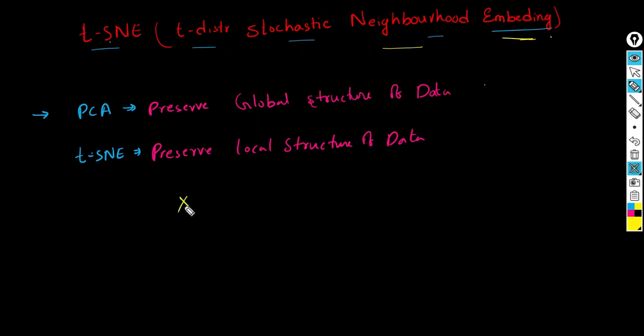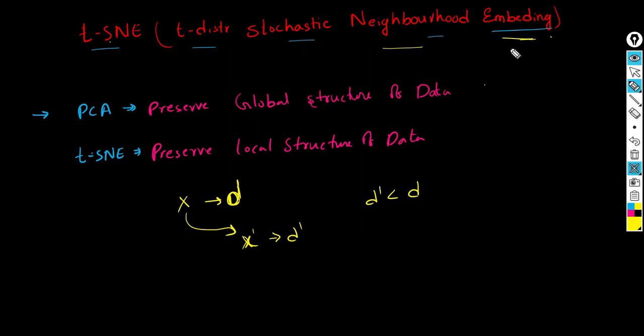Suppose x is a data point in the higher dimension, let's consider it has dimension d, and for this point we are going to create a point x dash in d dash dimensions, where d dash is less than d. It's like an embedding, converting the higher dimensional data point to the lower dimensional.